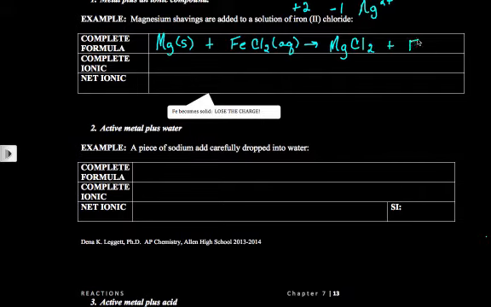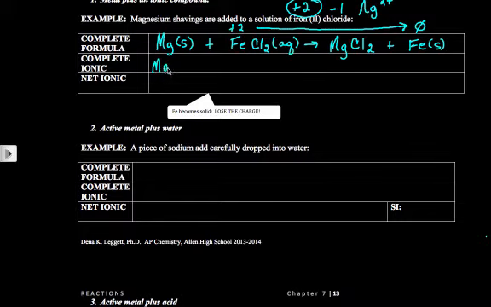plus solid iron. Now, solid iron means that it has a 0 oxidation number. Be really careful. Some of you will be tempted to keep that plus 2 oxidation. This is a redox. The plus 2 goes to 0. So it's plus 2 in the compound, but since it's a redox, it's going to gain 2 electrons.